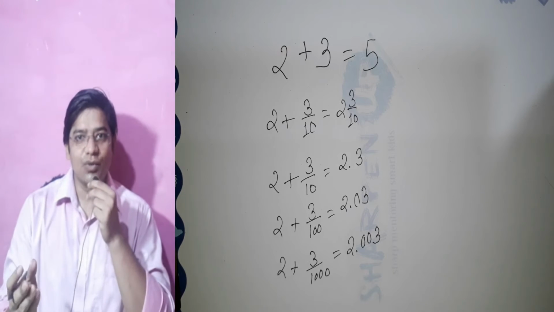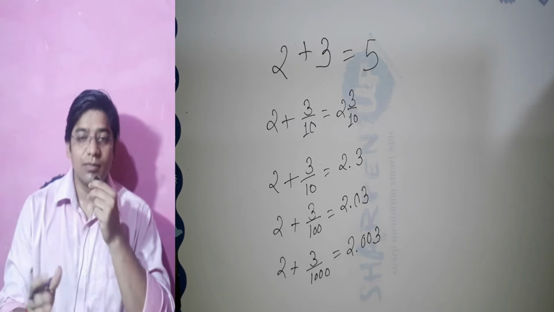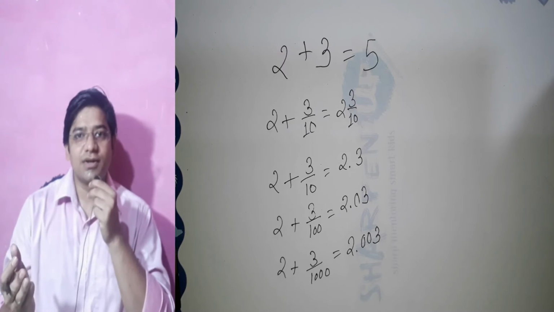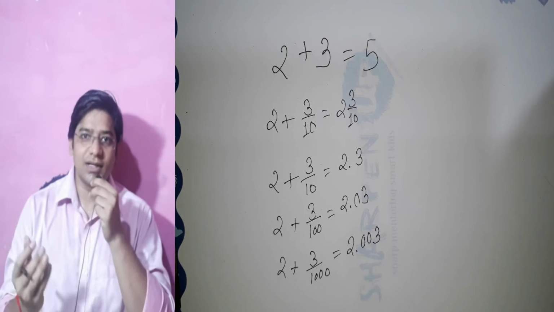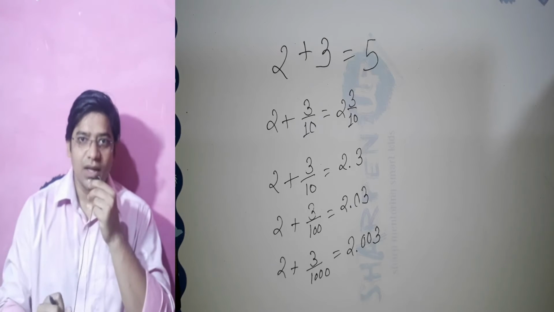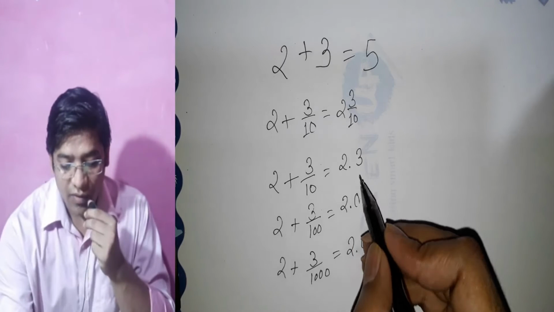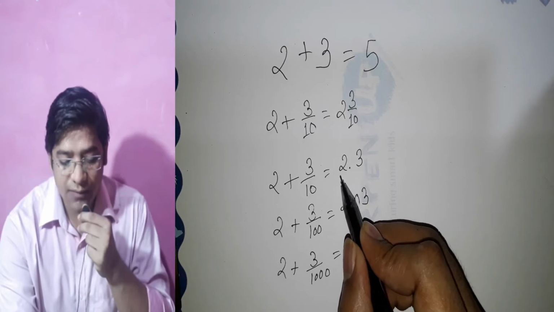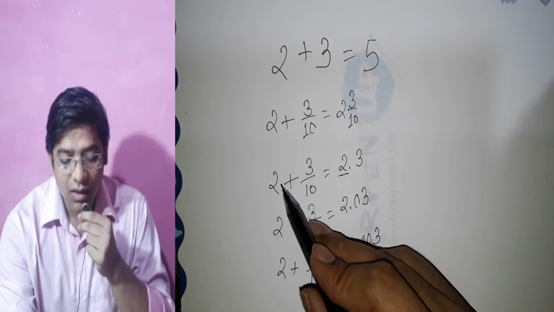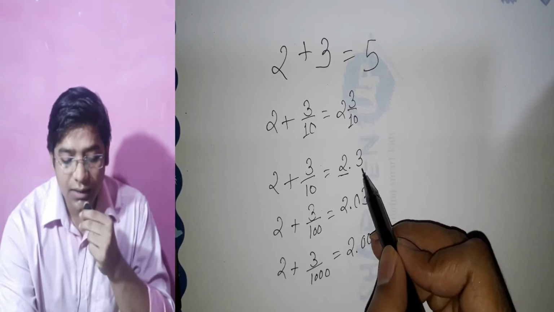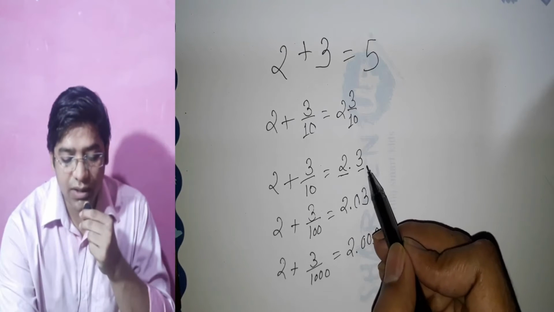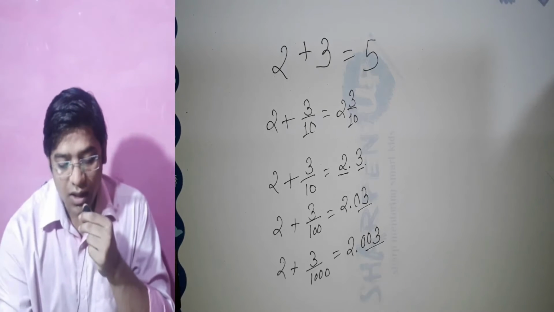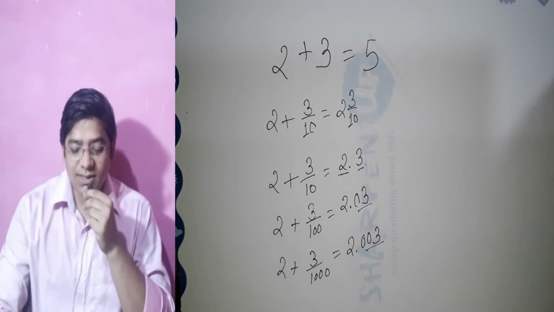From here we can conclude that decimals are nothing but a different way of writing fractional numbers whose denominators are 10, 100, 1000, 10,000, and so on. So the left part of this point shows a whole number, and the right part of this point shows a fractional number. That means a decimal number has two parts.